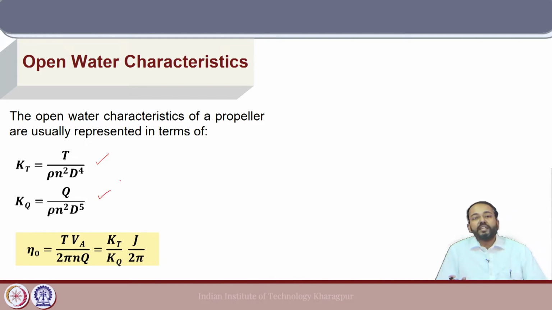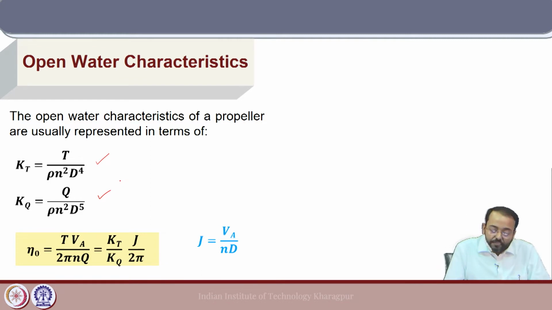So, the open water characteristics of a marine propeller basically consist of the variation of thrust and torque coefficients over an operation range of the propeller, which is defined by the advance coefficient J, which is the velocity of advance Va by n times diameter, where n is the rotational speed in RPS.